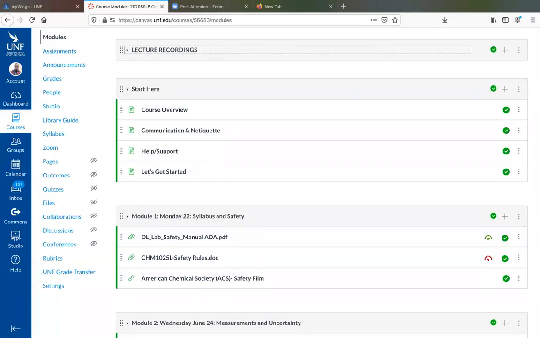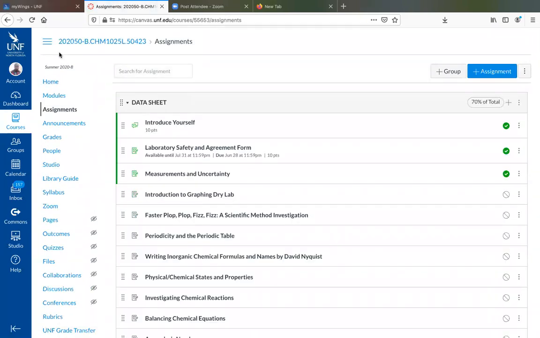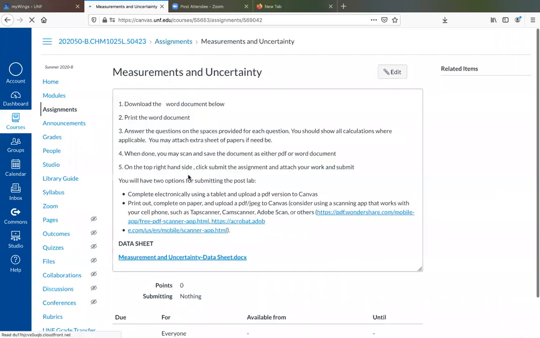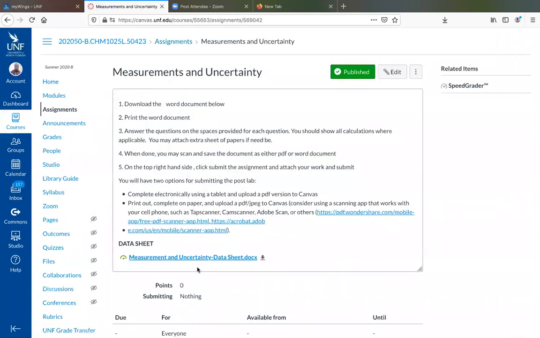The data sheet I do have, it is published under the assignment. You're going to come back to assignment. This is where you'll be turning in your work. Right now, I just published the data sheet for measurement. You can attach any additional work from your end, all right? You should have some tab saying assignment or submit on this side of the screen.